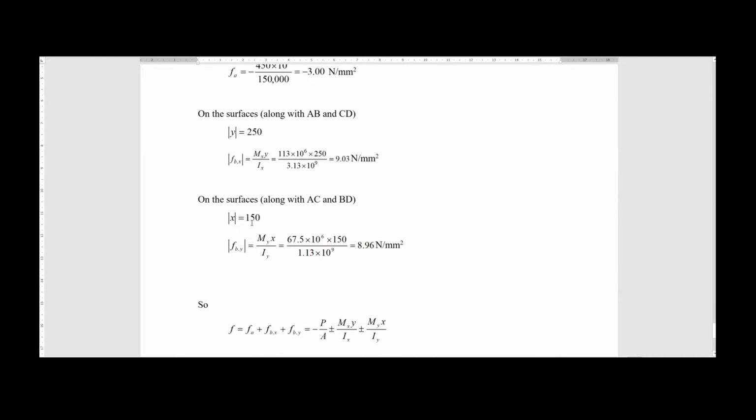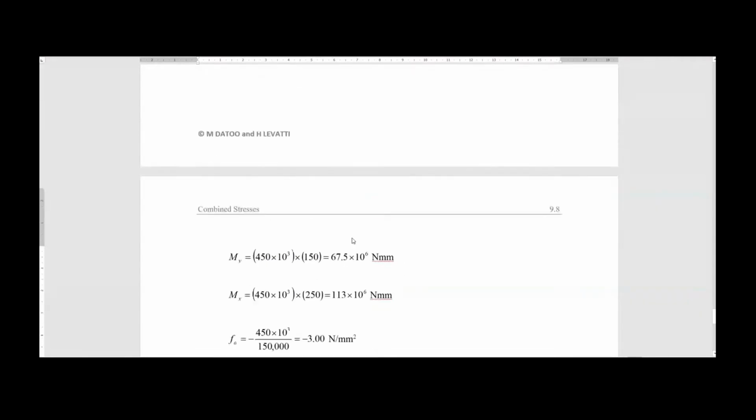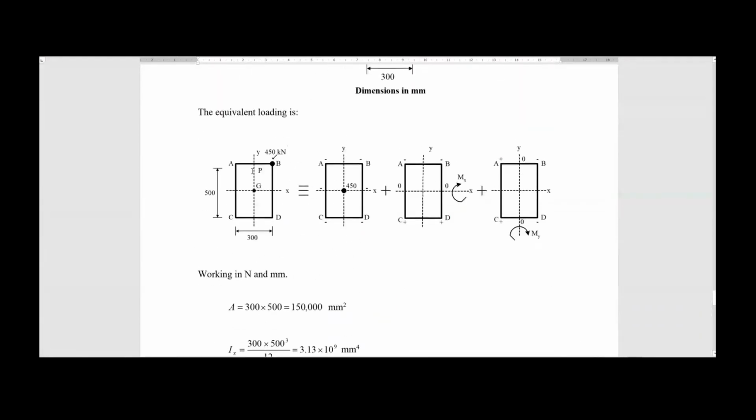And you do the same considering this extreme, this x at the extreme to the left and to the right of the cross section is 150. And the moment will be My, then the moment of inertia will be Iy as well, to be consistent. And this will be the value for your maximum bending stress produced by the moment My, which is the moment around the axis y.